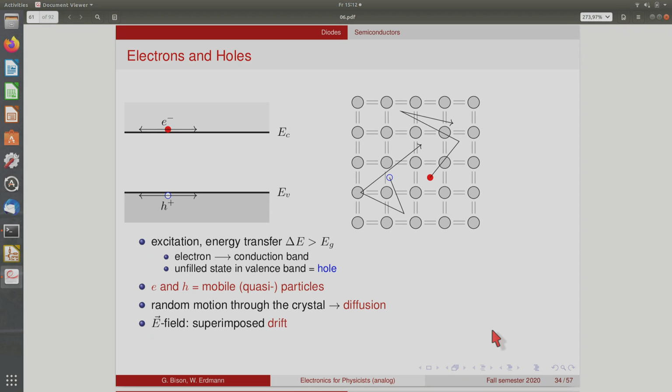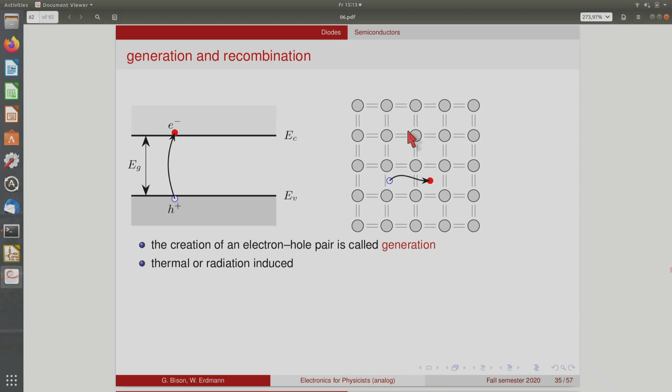So both of them move around in random motion. That leads to so-called diffusion. And if there's an electric field, then they also will follow the electric field and have a drift superimposed to this diffusion. This process of generating a free electron by lifting it into the conduction band is called generation.